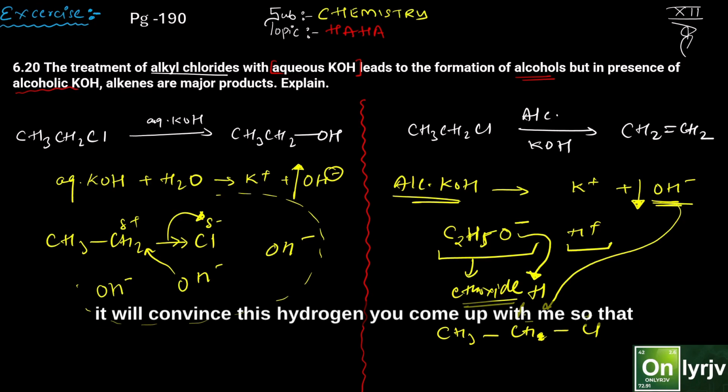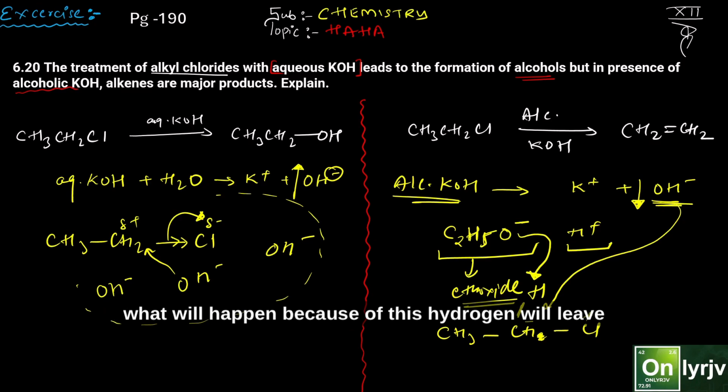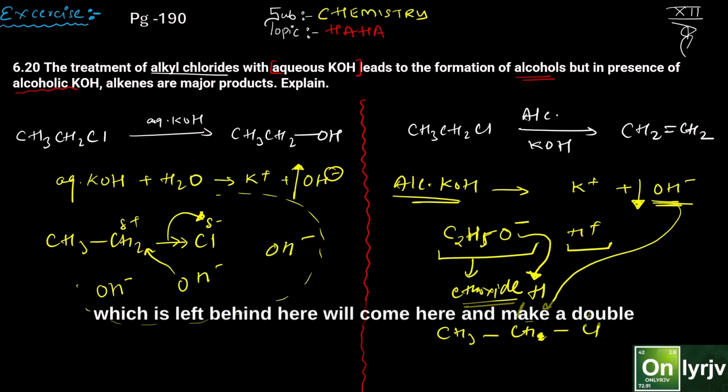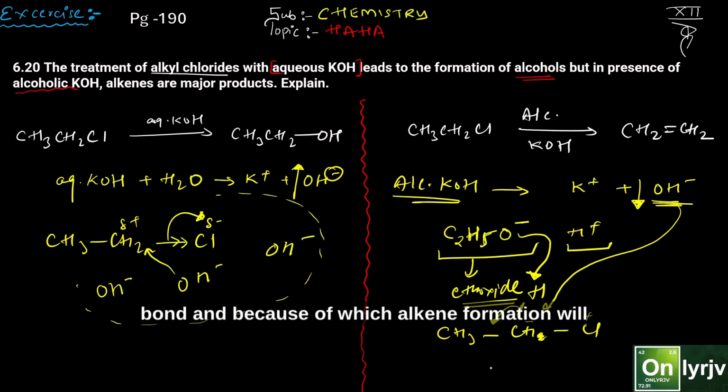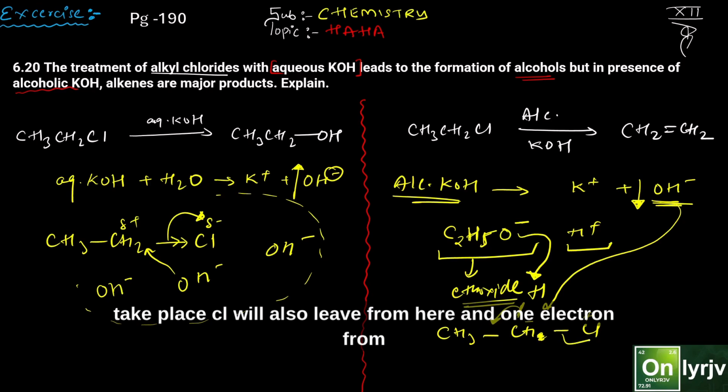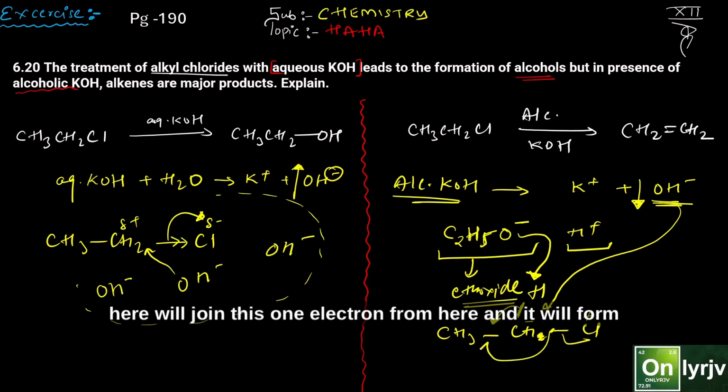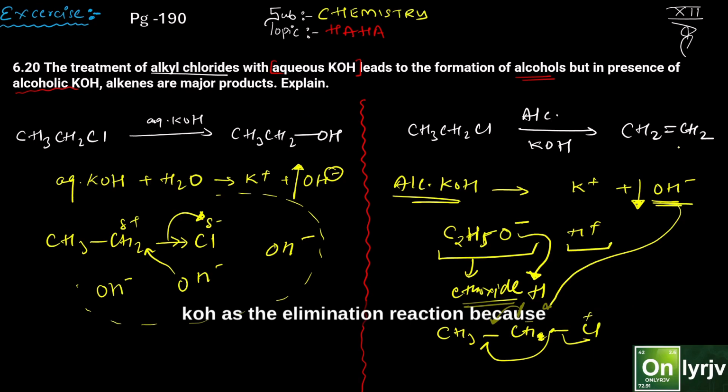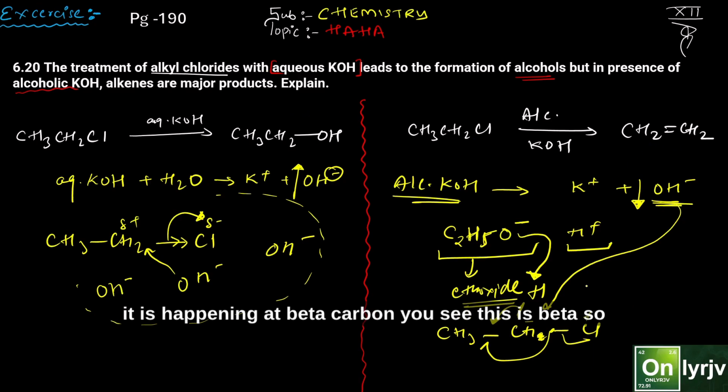Because of this, the hydrogen will leave its electron and go with O-, and the two electrons left behind here will come here and make a double bond, and because of which alkene formation will take place. Cl will also leave from here, and one electron from here will join one electron from here, and it will form an alkene. So this was the only reason why we get elimination with alcoholic KOH, because it is happening at the beta carbon.